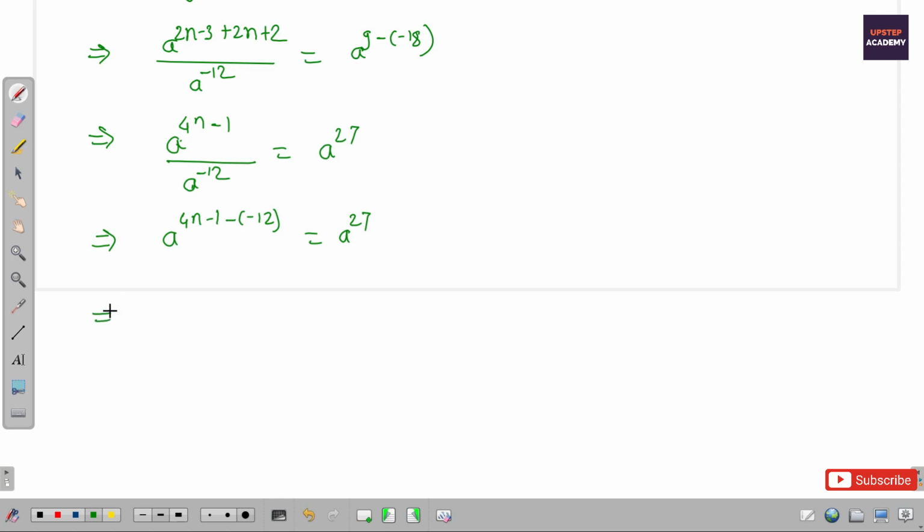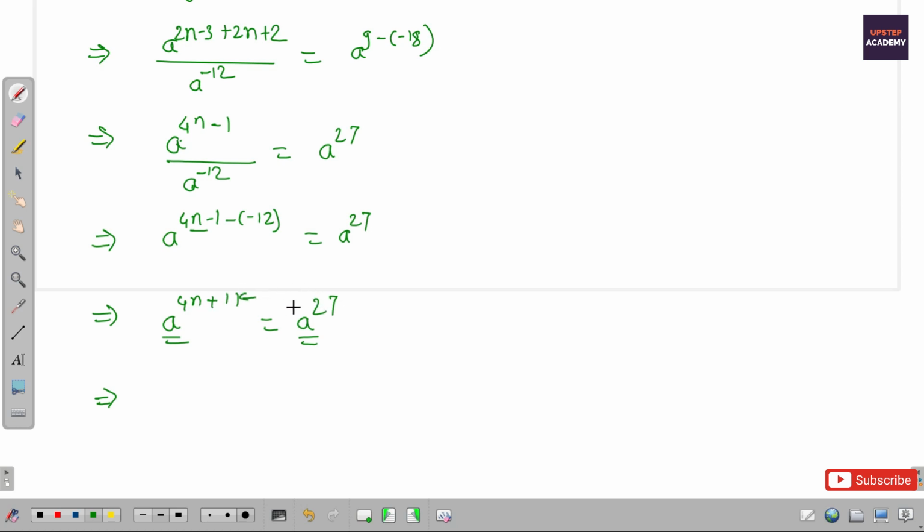In the next step, we can write a to the power 4n as it is, minus 1 plus 12, so plus 11 it will be, which is equal to a to the power 27. And in the next step, as the bases are the same on both sides, we can just equate their powers.